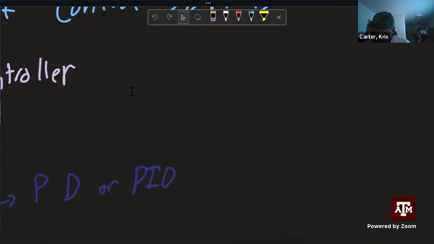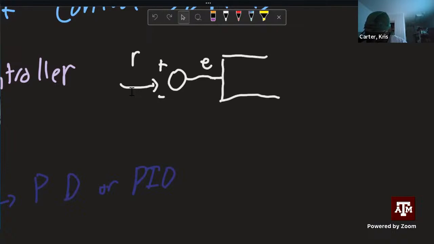Okay, so basics of a proportional controller, you have some type of reference point. So that would be an R value that goes into some type of thing. So it could be plus, minus. This has an error, or E, which goes into the controller, I believe.